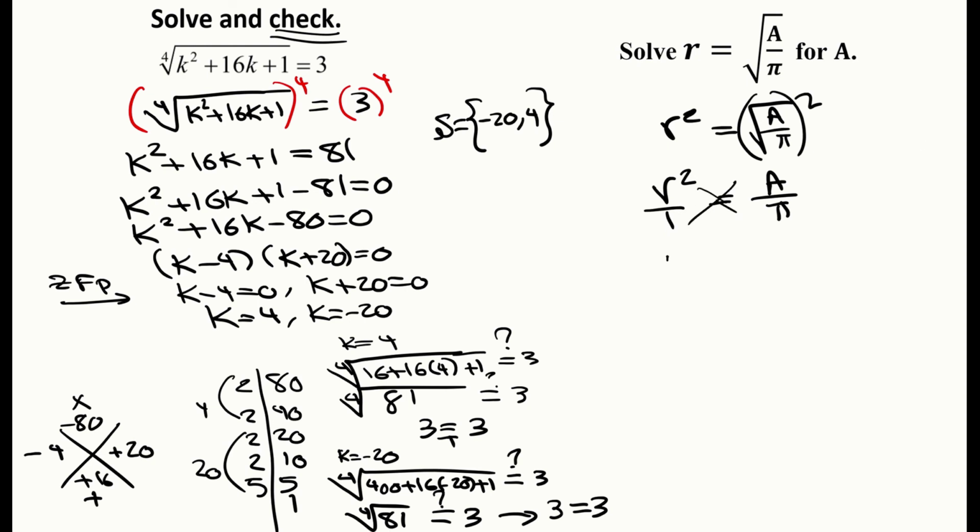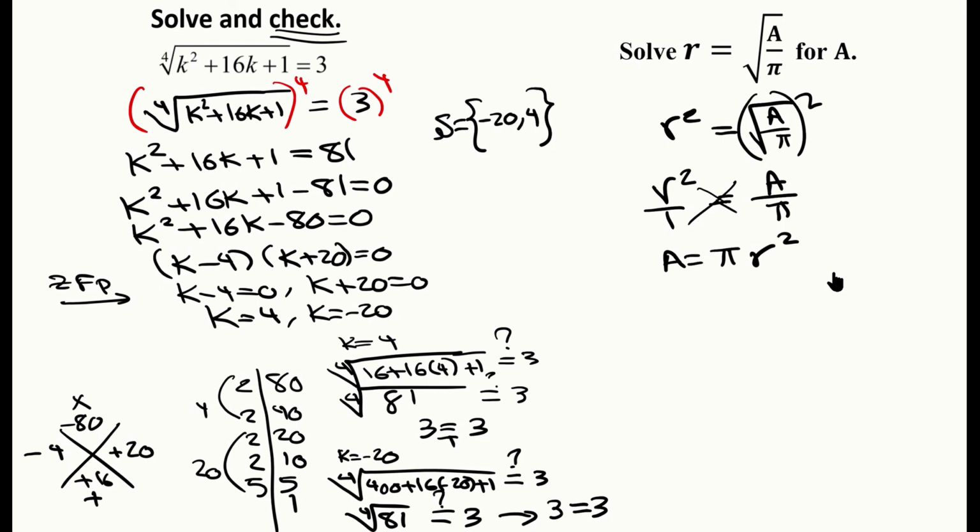So I get A equals pi r squared. You recognize that? Yes, that's the formula for the area of a circle. And at first, it was solved for the radius of the circle. But once we squared and solved, we ended up with the formula for the area of a circle. And that's how you do that one.